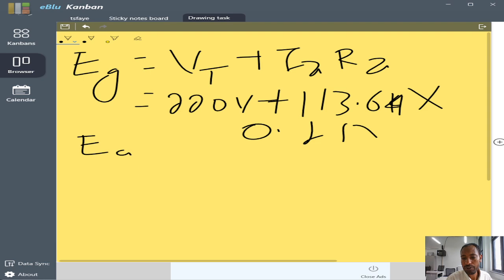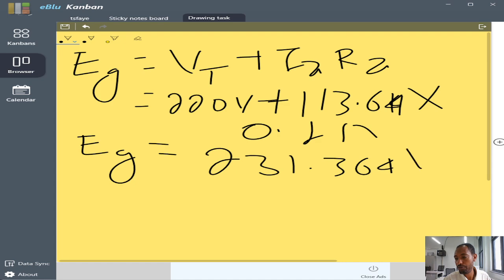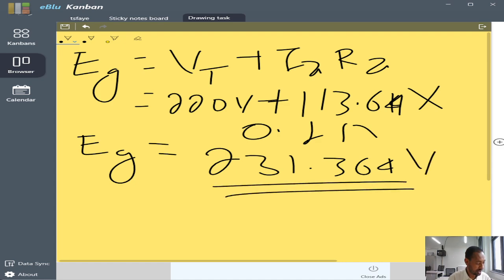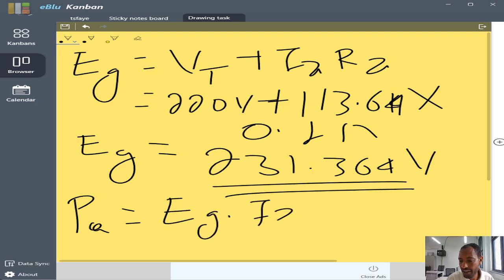Therefore, EG is going to be 231.364 volts. This is the internally generated voltage. What is remaining? Power generated. It is EG times IA.